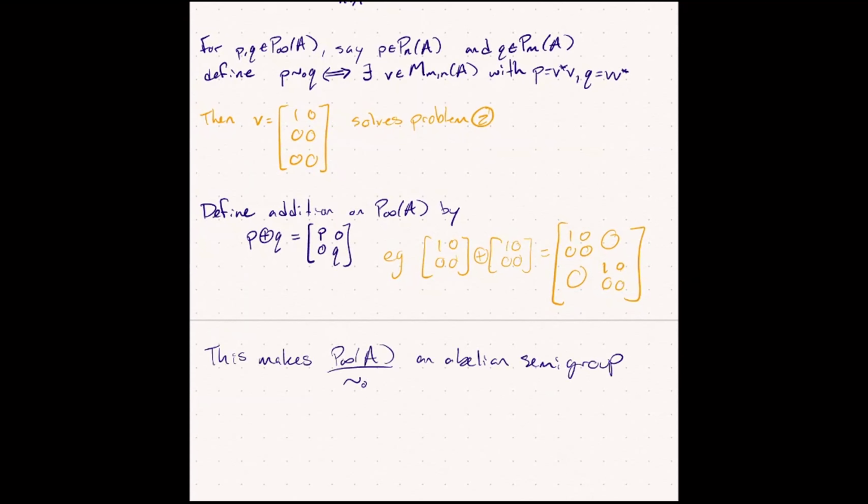Some fun exercises you could check at this point: that this is in fact an abelian semigroup, so P direct sum Q is tilde 0 equivalent to Q direct sum P. And another helpful thing to think about is that any projection P is tilde 0 equivalent to P plus any zero matrix, the zero matrix in Mn of A. So you can always take a projection in a smaller matrix algebra and push it up into a larger matrix algebra by just adding zeros on the diagonal.